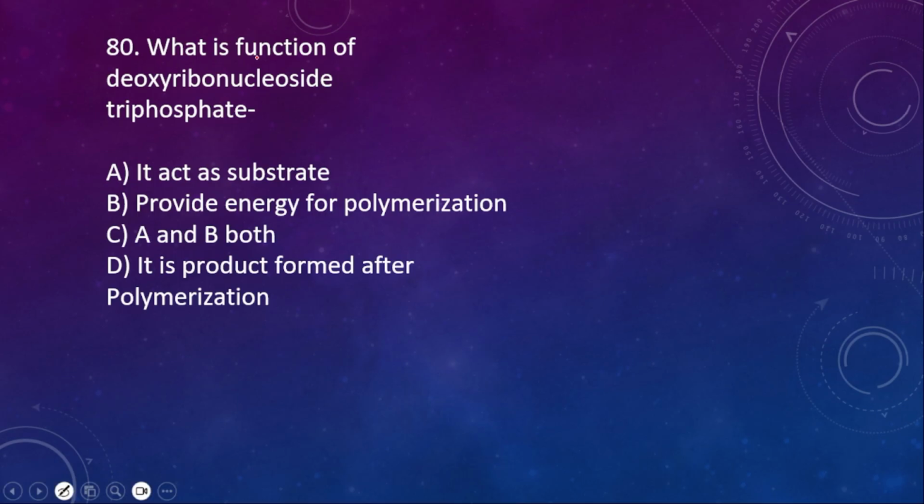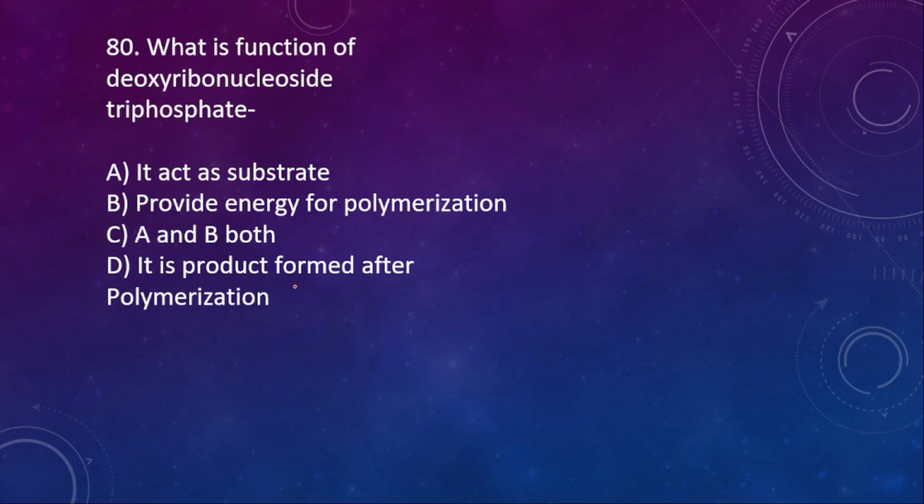Next, 80. What is the function of deoxyribonucleoside triphosphate? A. It acts as a substrate. B. Provide energy for the polymerization. C. A and B both.